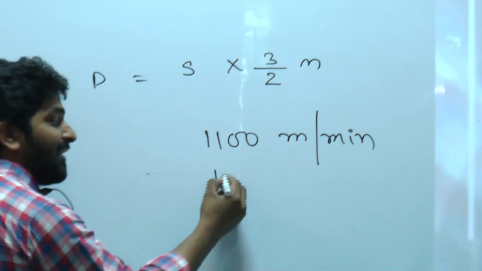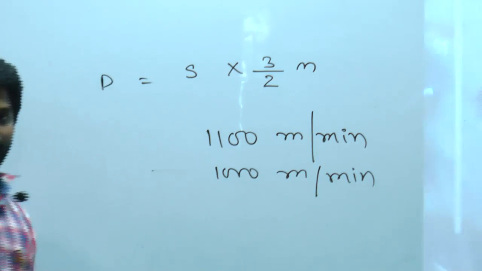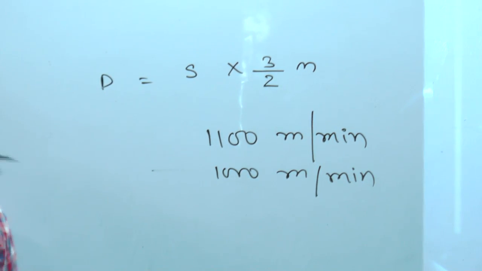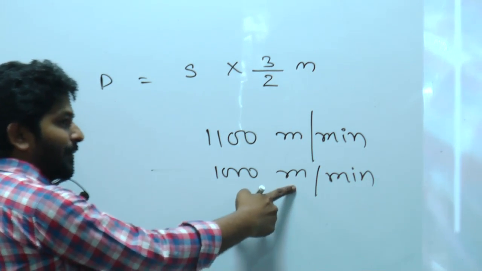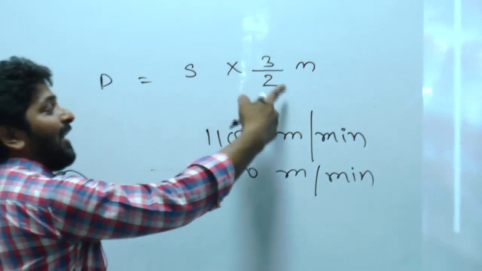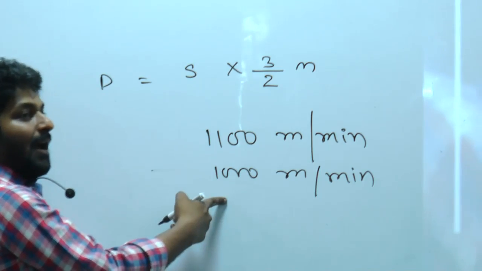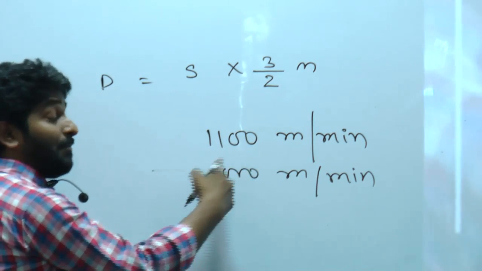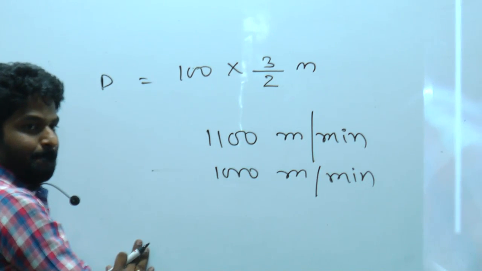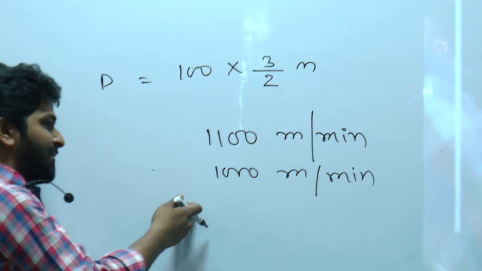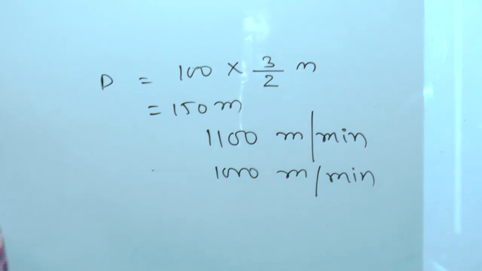So the other speed is 1000 meters per minute. You're asked about the train's length, which we are going to measure in meters. Now I'm taking speed and time only in terms of minutes, no issue at all. So relative speed becomes 100 meters per minute. Relative speed S1 minus S2 is 100, and distance is 100 into 3/2, which is 150 meters.